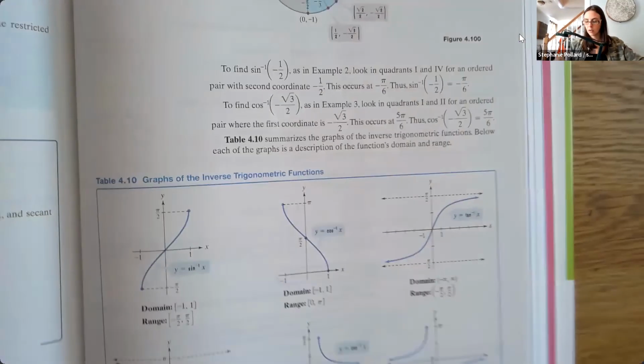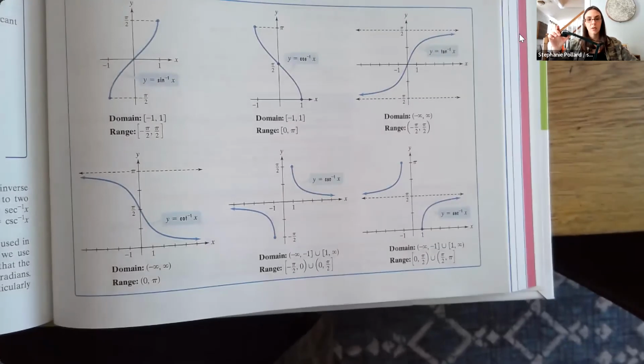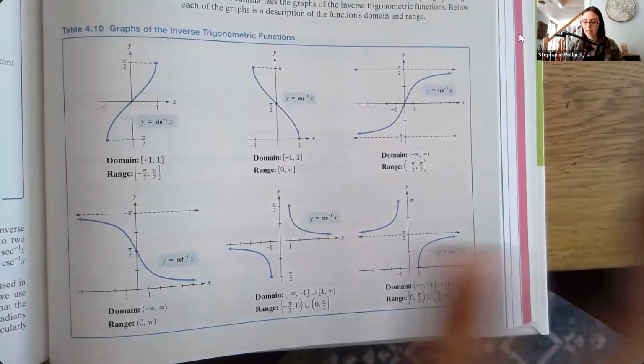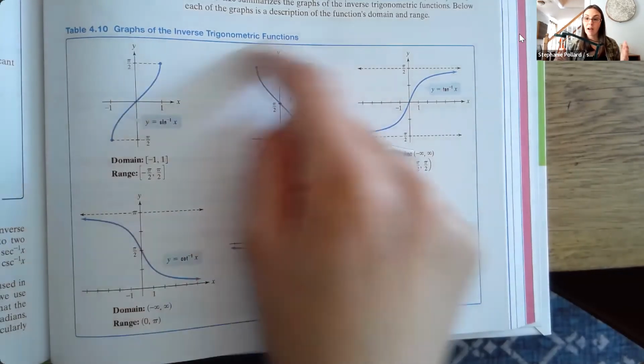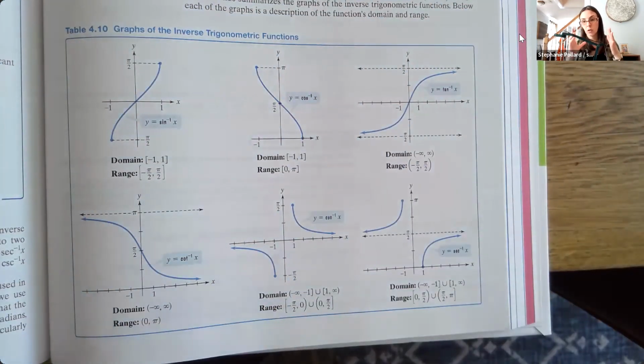One last thing I want to show you in this video before we sign off for a second is you do have graphs as well. So I'm just going to use the book here and just show you quickly what those look like. But again, you can see these in your own text, so you could even Google them. I didn't draw these graphs by hand, but these are the graphs of your inverse functions. So this is what they actually look like if you graph them, again, over those restricted domains and ranges.